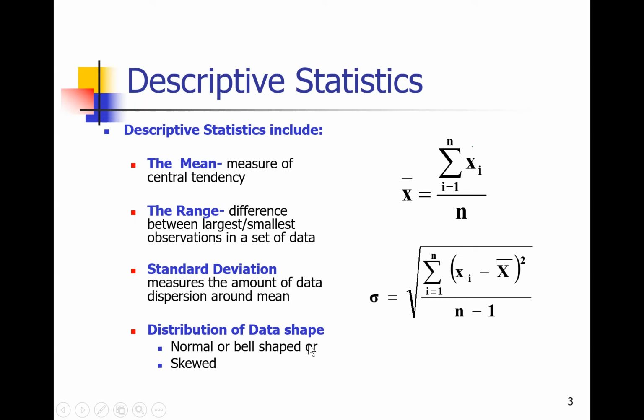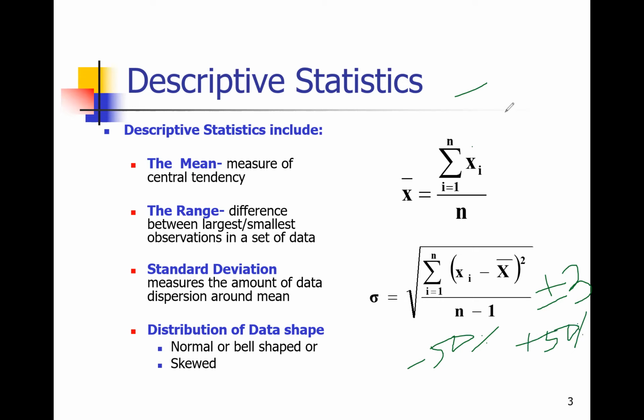Distribution of data shape, whether the distribution is normal or abnormal. Normal and abnormal, what is it? Say for example, our standard deviation here is plus minus 3. Sigma is 3. It means that 50% of the students' age will be around minus, and 50% will be around plus.